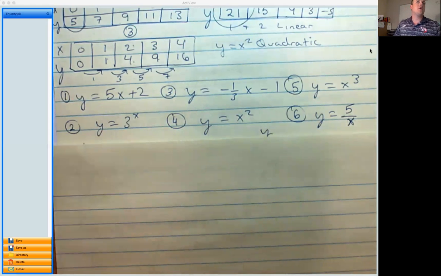Turn and tell your partner which of those equations are linear. 5x plus 2 is linear. One-third x minus 1 is linear. y equals x is linear. y equals 3x is linear.